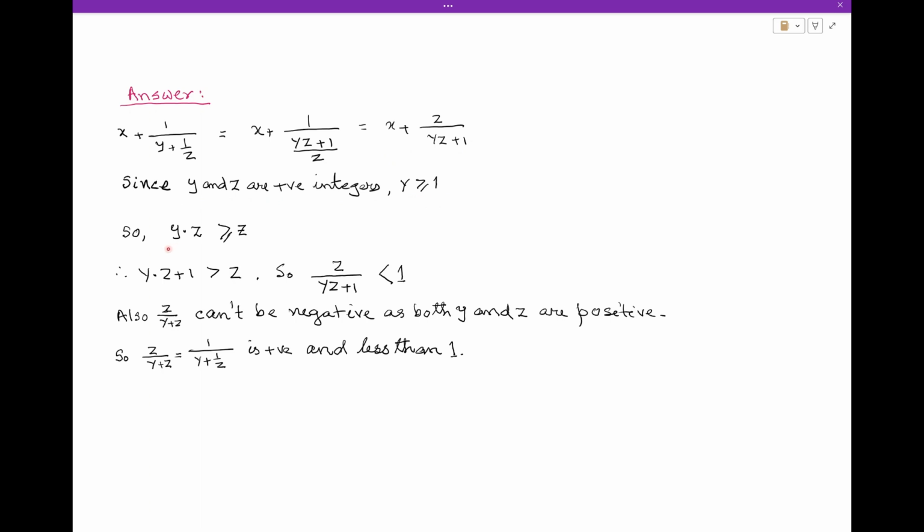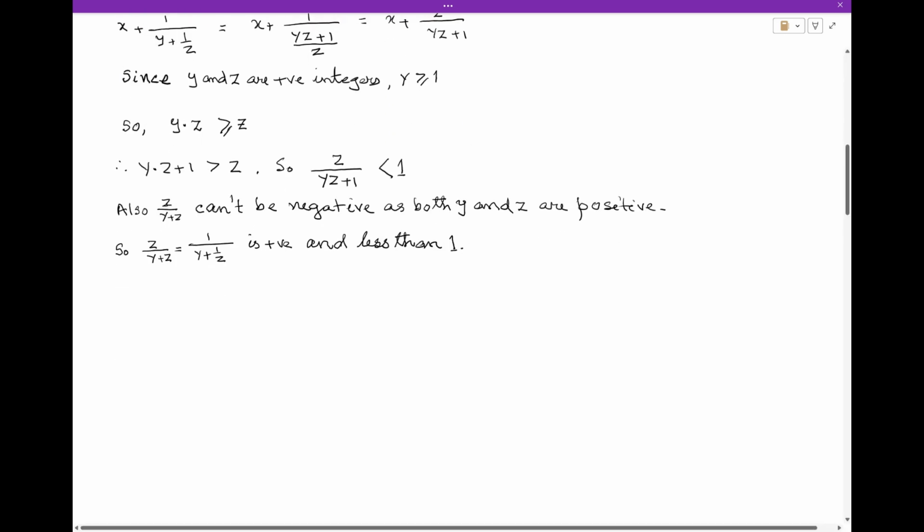So, y multiplied by g is greater than or equal to g. Therefore, yg plus 1 has to be greater than g, or g divided by yg plus 1 has to be less than 1.